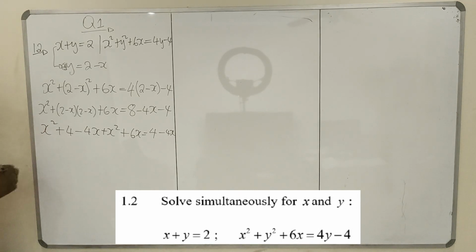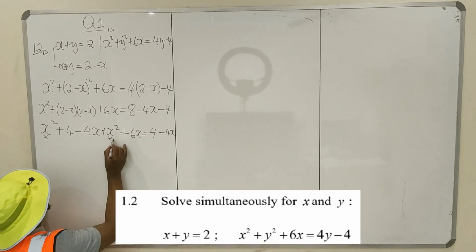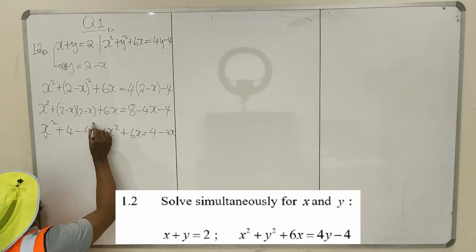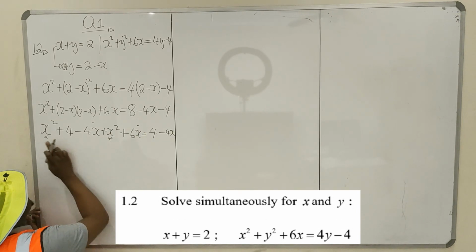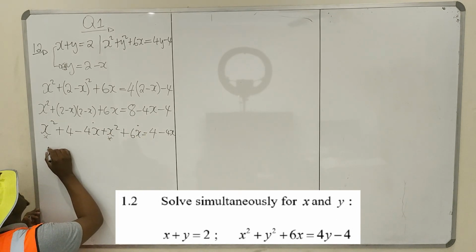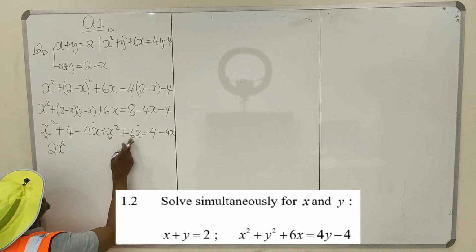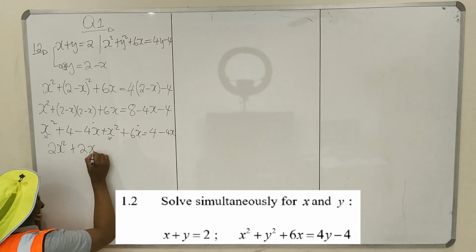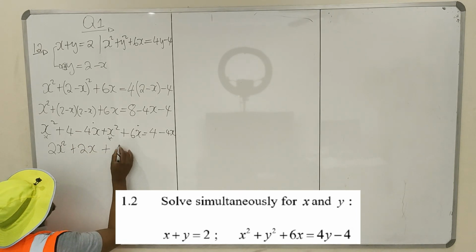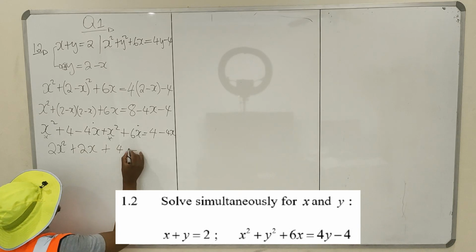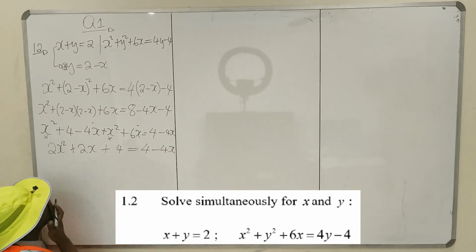Right? Then you collect your like terms. So this looks like this one, and this one looks like this one. This one doesn't look like any of these things here. This plus this, 2x squared, x squared plus x squared is 2x squared, right? This and that plus 2x plus 4 is equal to 4 minus 4x.